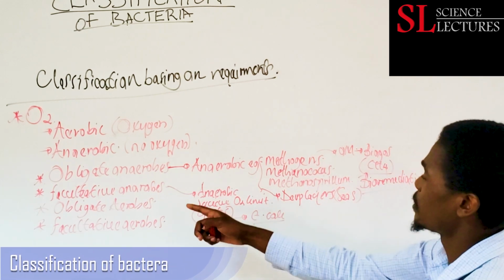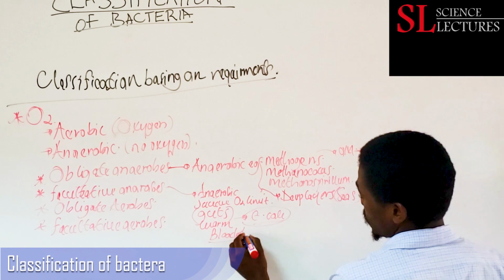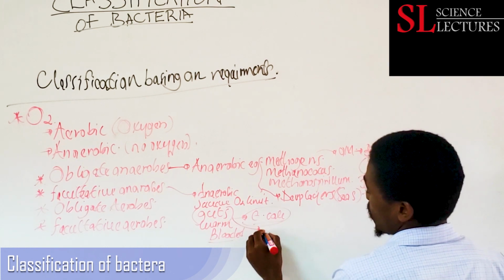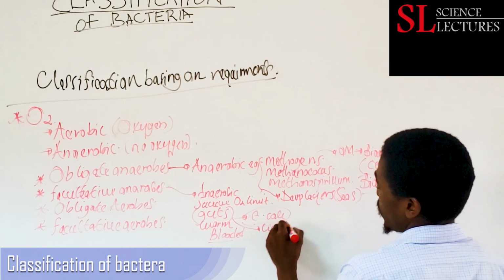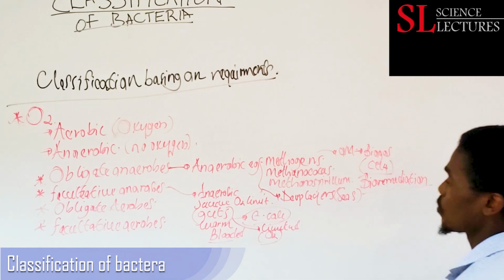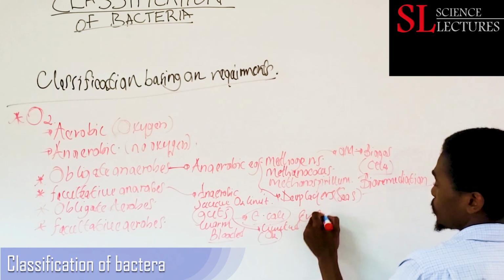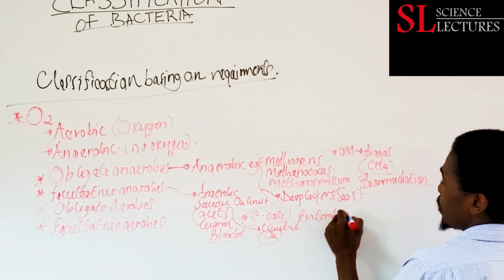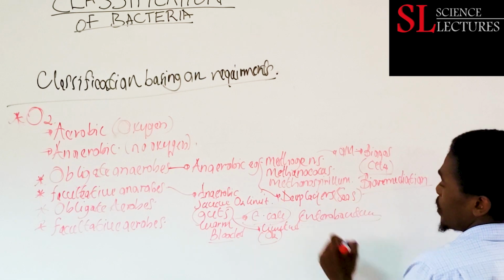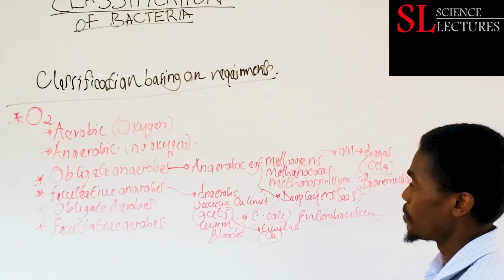They are facultative anaerobes because they live in your gut. That means that the gut has limited oxygen; the gut is not that oxygenated. So such bacteria, the enterobacteria, the ones that live in our guts, are facultative anaerobic bacteria.